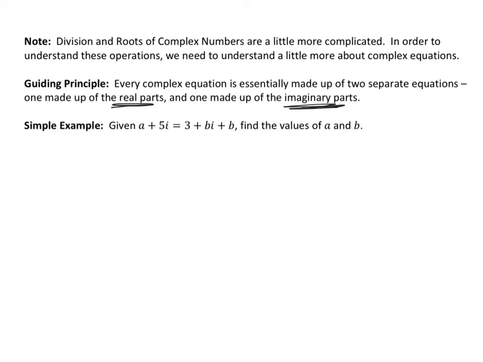For instance, this 5i right here is the only imaginary part on the left-hand side, and the bi over here is the only imaginary thing on the right side of the equation, which means that 5i has to equal bi, which basically means that b has to be 5. Like, there's no way that b could be anything else. This 3 right here is real. It can't have any effect on the imaginary value of this thing right here.